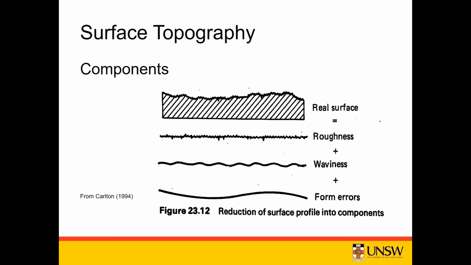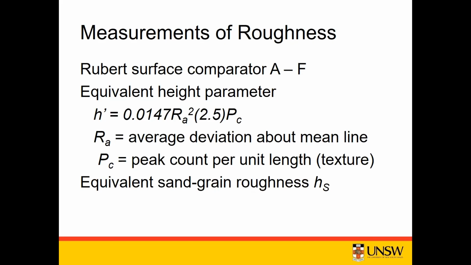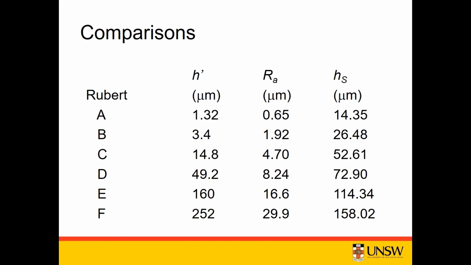If you go back to this diagram here, it's the waviness and roughness combined. And then the peak count per unit length, which basically refers to the texture of the roughness. And then there's another one that they call the equivalent sand grain roughness, or KS. And there's a comparison of some of the roughnesses that you get for propeller blades.